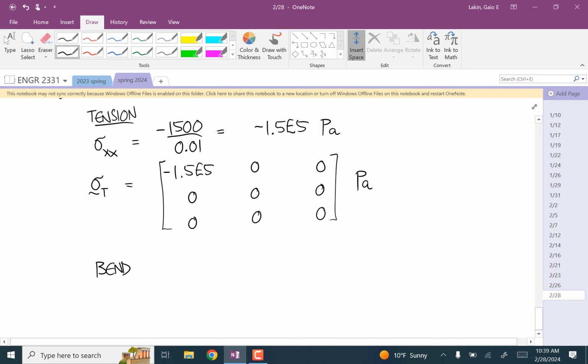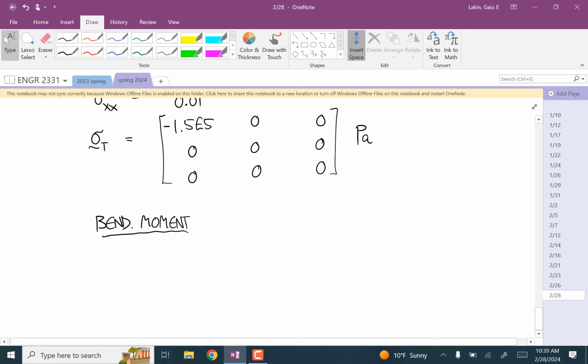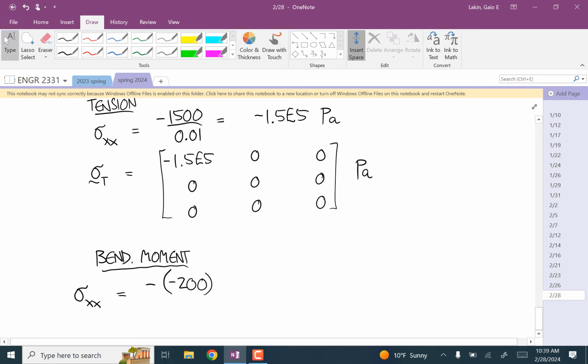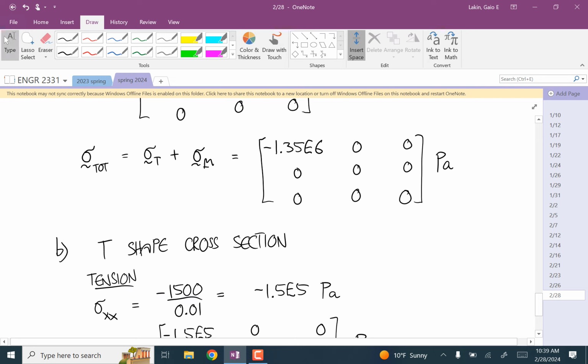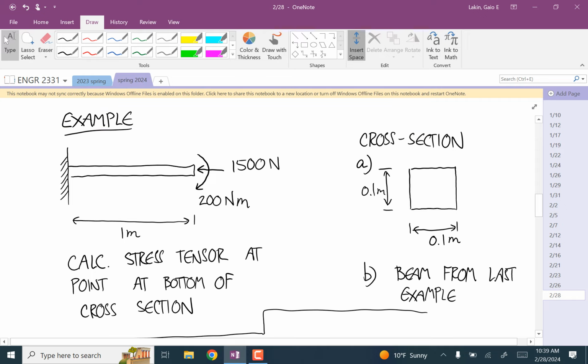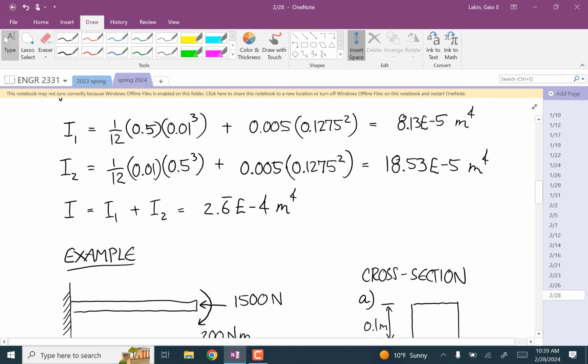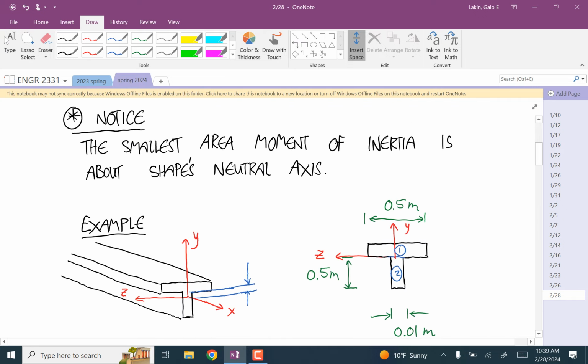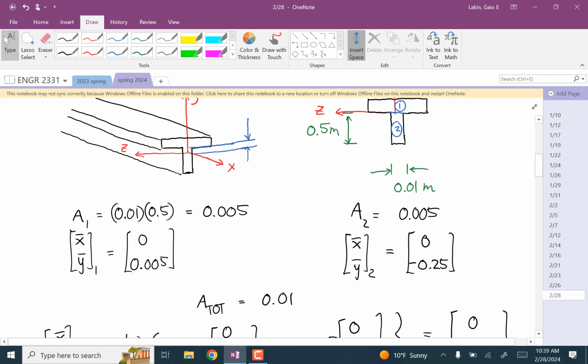But the one that's going to be different is the bending moment. The XX stress is negative of the bending moment, which is negative 200, times, we're going to the bottom of this beam, so we have to calculate the distance from the neutral axis of that triangular shape to the bottom.